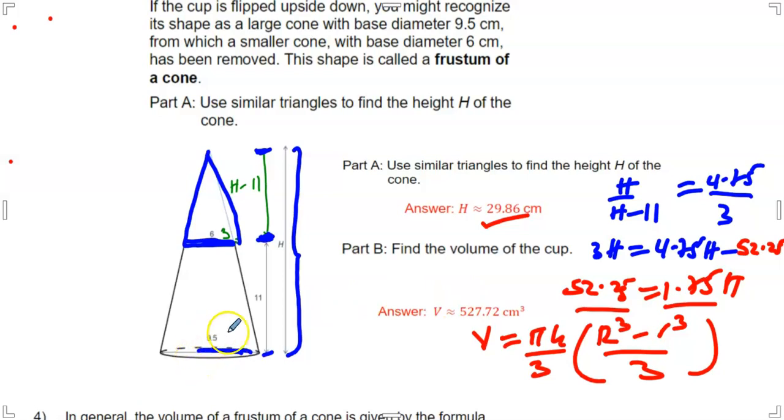Where big R is 4.75, dividing the diameter by 2, and small r is 6 over 2, which is 3, and h is this distance, that is 29.86 minus 11, which gives us 18.86.